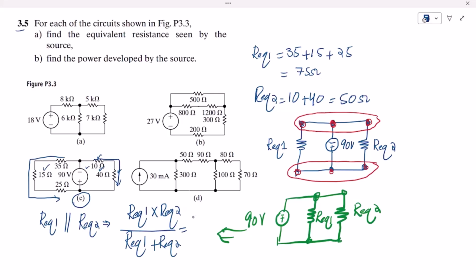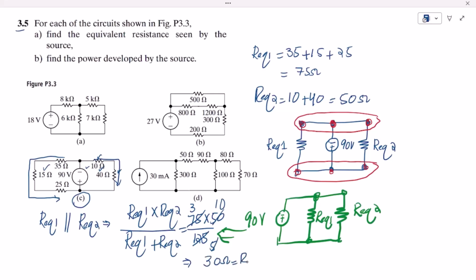R equivalent 1 is 75 multiplied by 50 divided by 75 plus 50, which is 125. Let me simplify them. Simplifying them, 25 times 3 is 75, 25 times 5 is 125, so 5 times 10 here. So this is now 30 ohm.